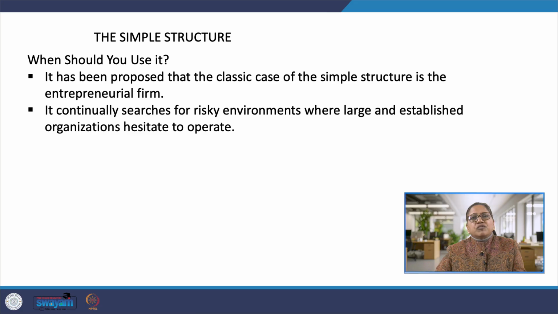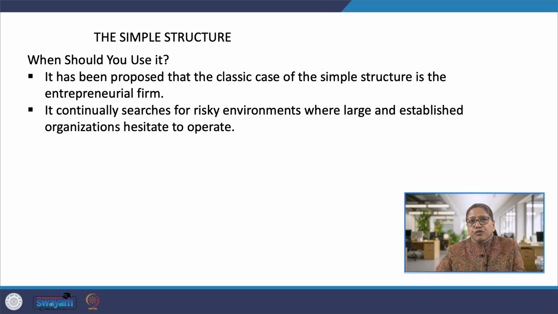It has been proposed that the classic case of the simple structure is the entrepreneurial firm, where it continually searches for risky environments which the large and established organizations are hesitant to venture into.